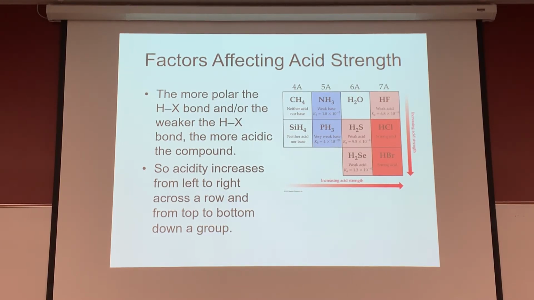Sure. Is there a reason why it doesn't follow the trend of hydrogen chloride, hydrogen bromide, hydrogen iodide? Oh, you can put hydrogen iodide down here, and it'd be stronger. I don't know what the K is going to be, much greater than 1. It increases as you go down.